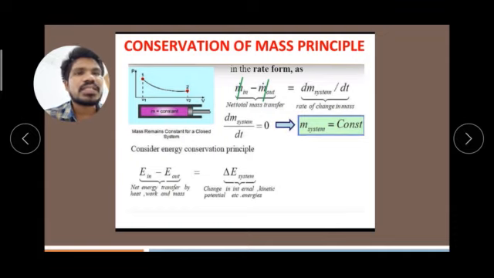If m input and m output cancel, then dm system by dt is equal to 0, so m system is constant. Now consider the energy conservation principle: E input minus E output is equal to delta E system.